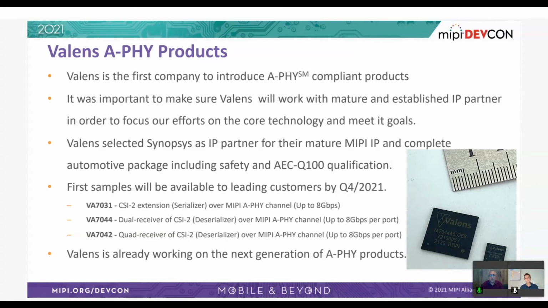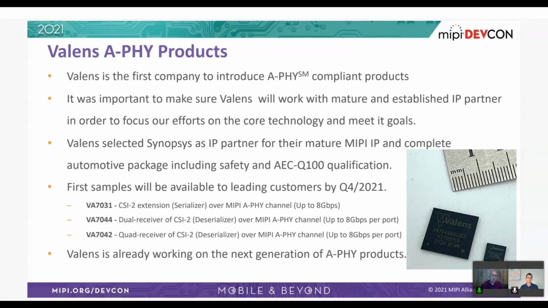products by Q4 this year, which will include a CSI-2 serializer utilizing the MIPI A-PHY up to 8 gigabit per second, which is Gear 3, and Synopsys CSI controller and D-PHY on this product.